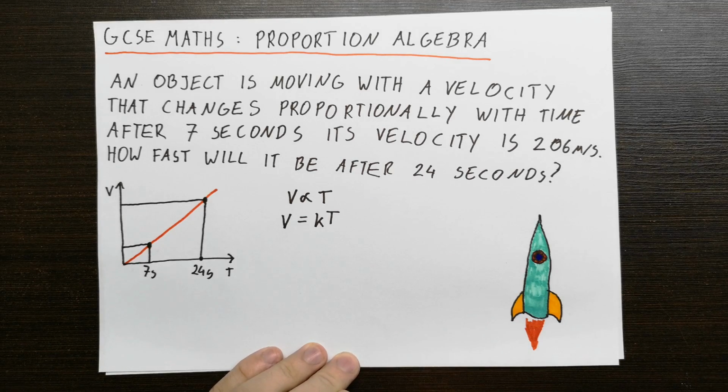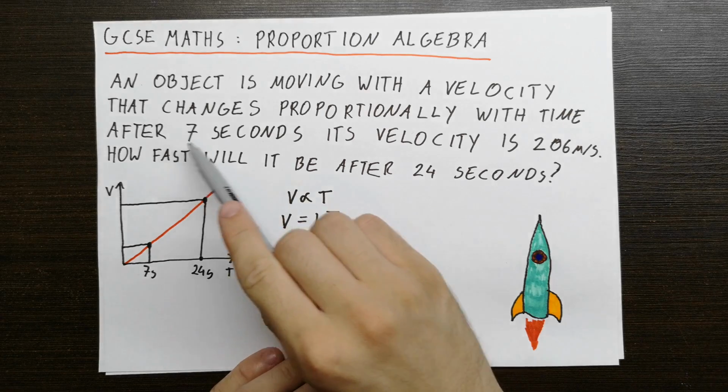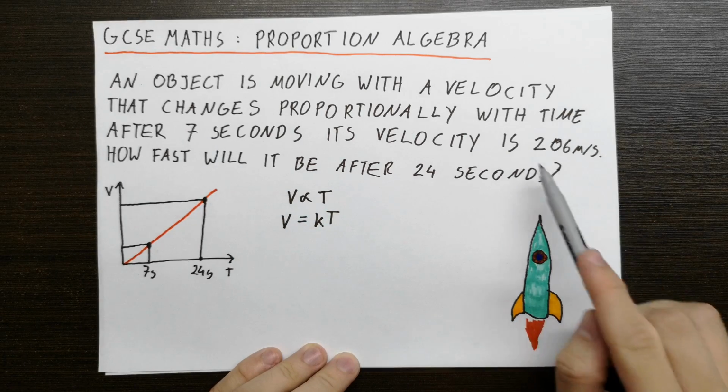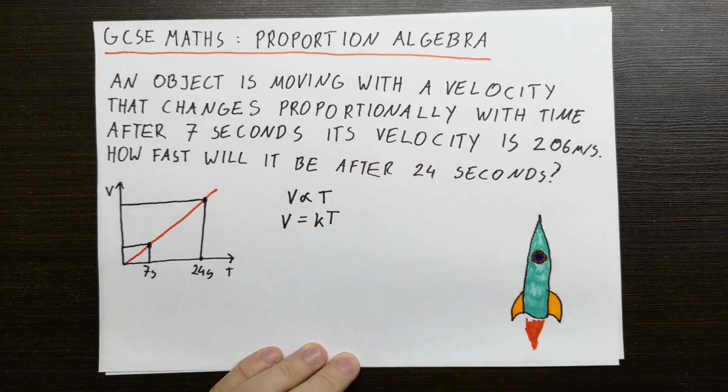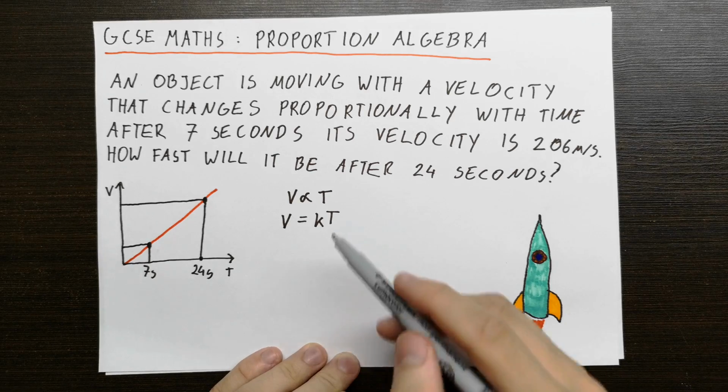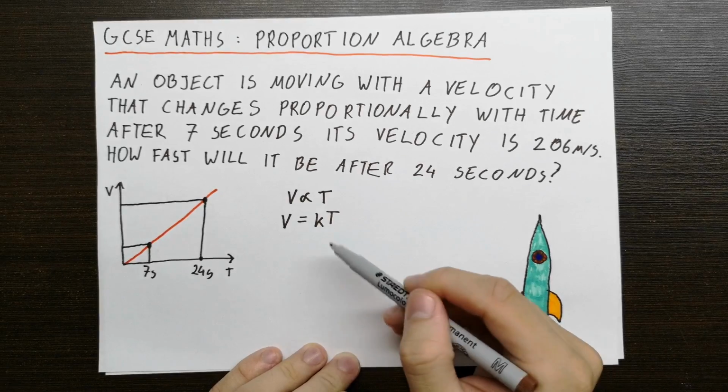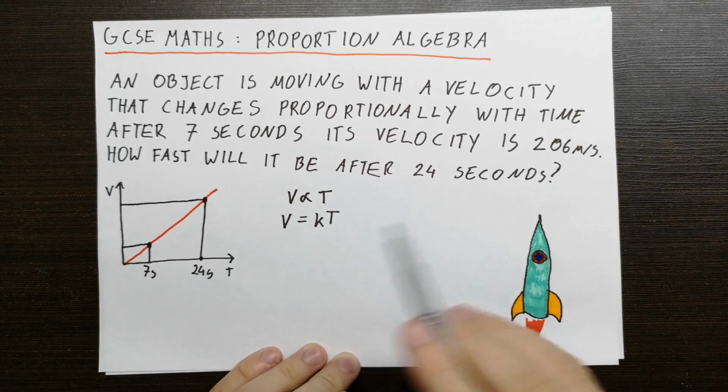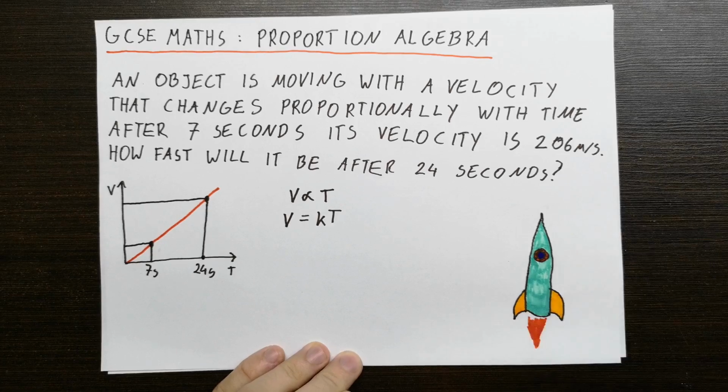Now, we are given 7 seconds and we are given the velocity at this time. Knowing those two pieces of crucial information, we can work out the constant, the rate at which the velocity changes with the time. In order to do that, we simply have to rearrange this equation to make k the subject of the formula.